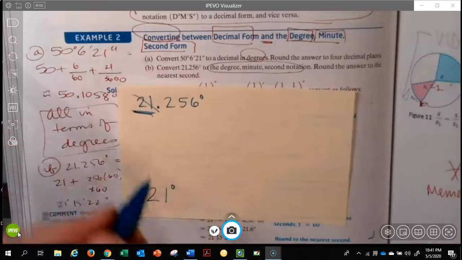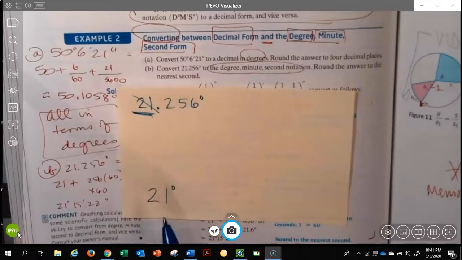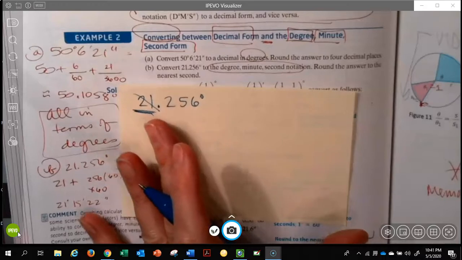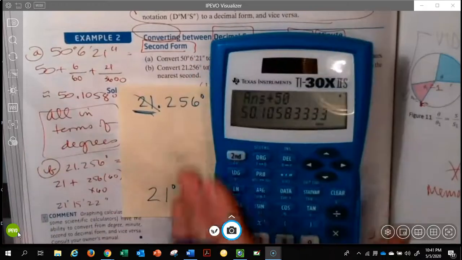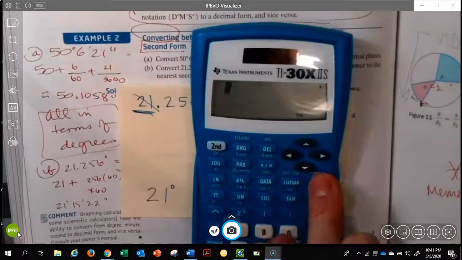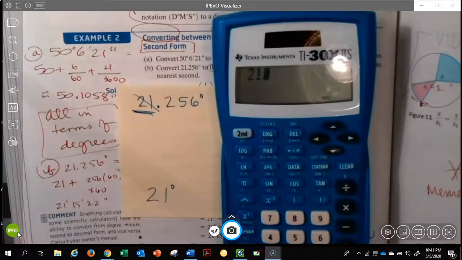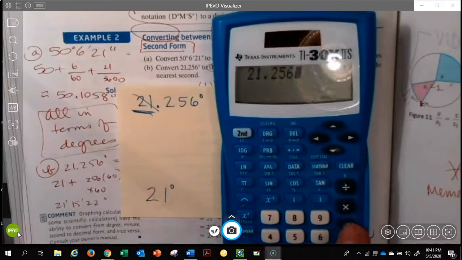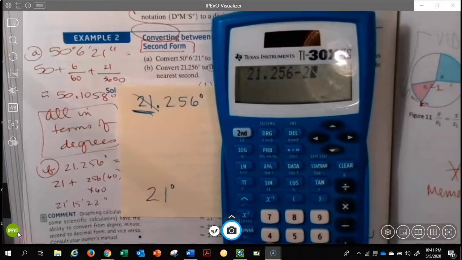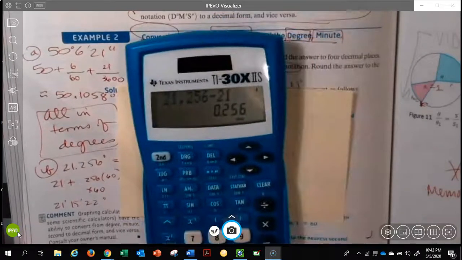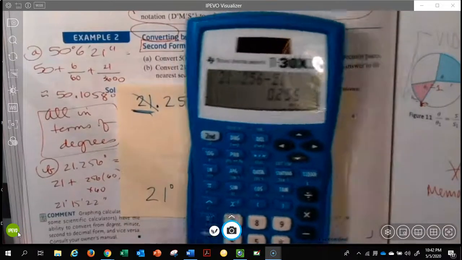And now I'm going to remove that on my calculator, and then what's left, I want to turn it into minutes. And remember, their relationship is a 60. So I'm in degrees, and I'm going to convert it to minutes. So let me start with 21.256, and I like to subtract whatever's on the front part. And now I've just got that back part, .256.